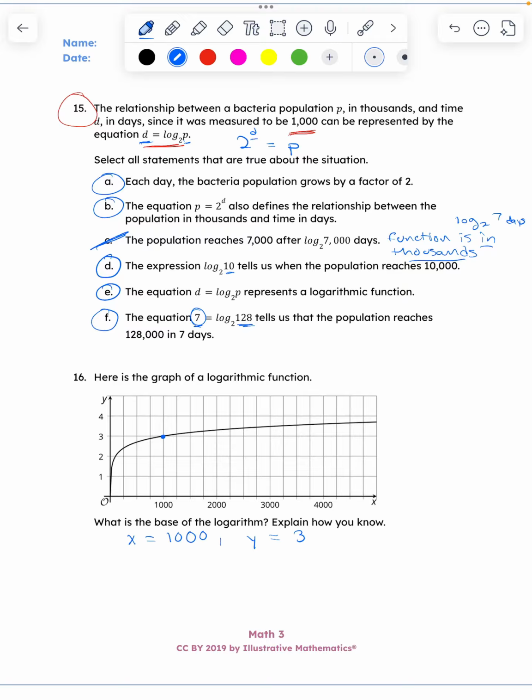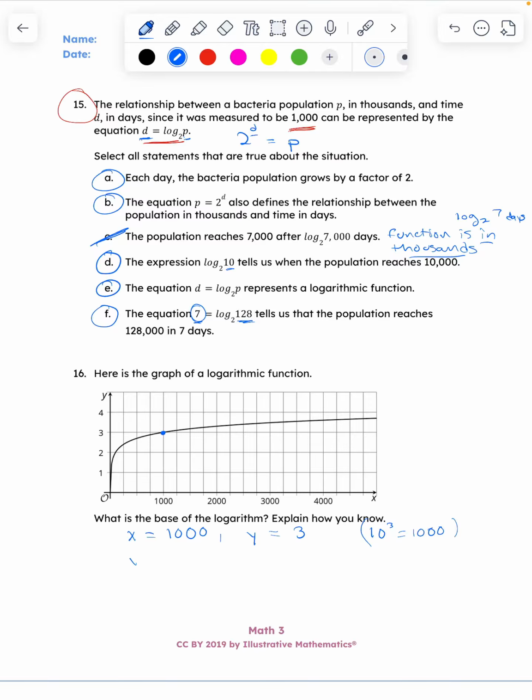I'm like, all right, that looks pretty suspicious to me, because I know in the back of my head, I'm just sensing this here, that 10 cubed is 1,000. So just parenthetical, maybe I have a base of 10. So I'm going to check out some other values that might tell me more. I'm going to look at what happens when x is 100, since I've got this suspicion.